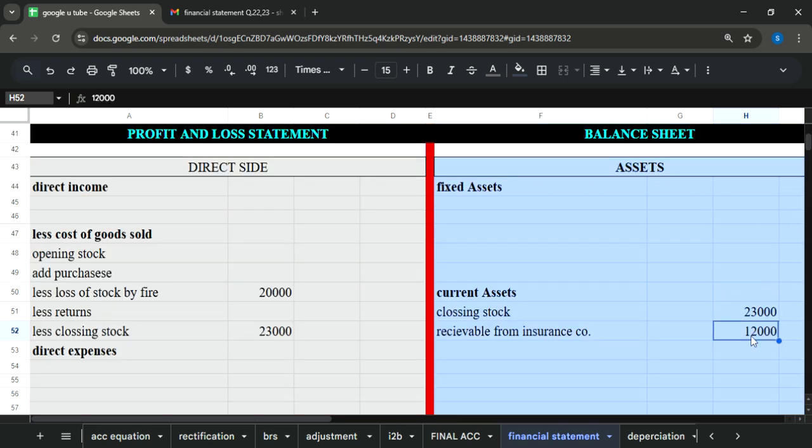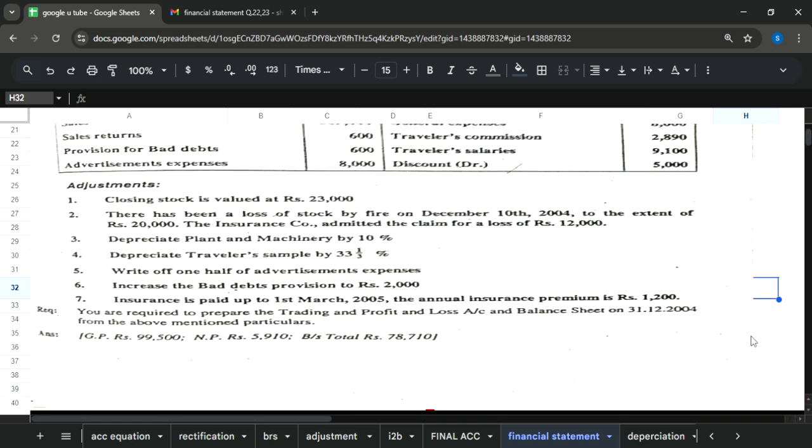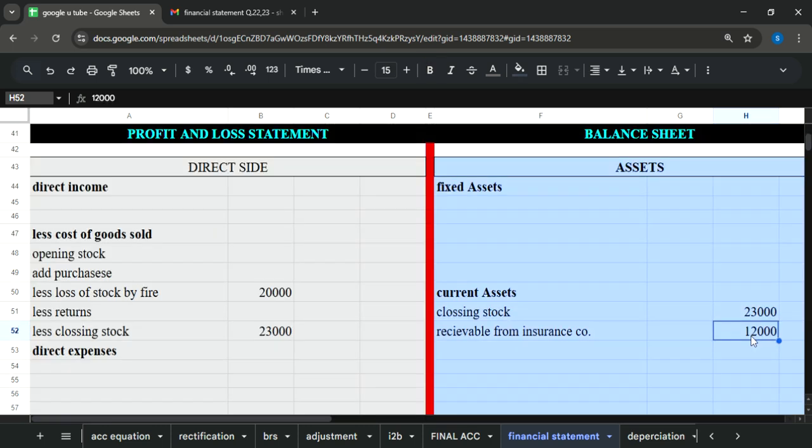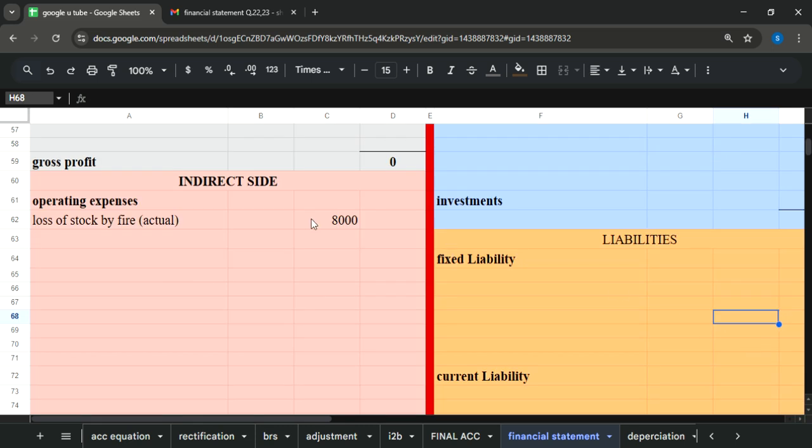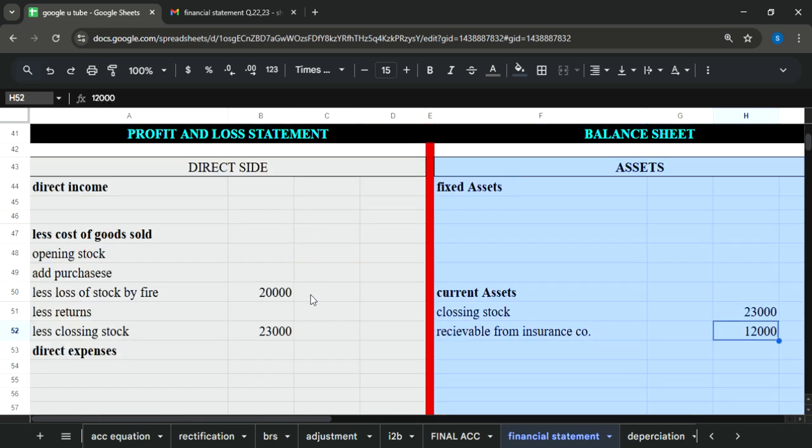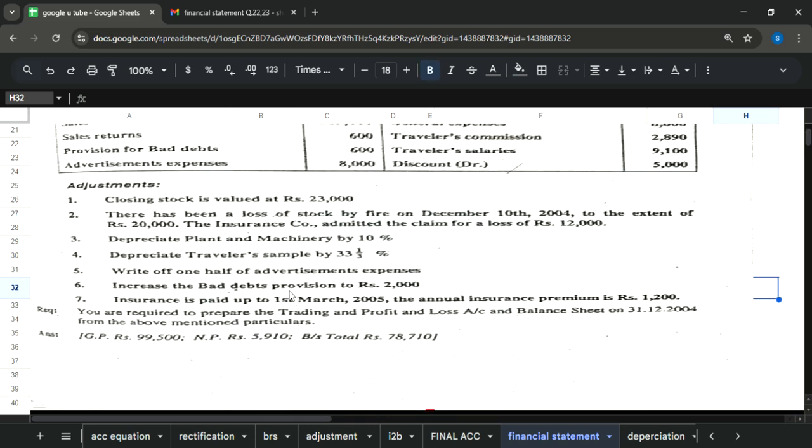The insurance company promised to pay, it means it is receivable, 12,000. Two adjustments are completed and we have completed their dual effects as well. Someone will ask, these are three effects. Look, first, second and third. But actually these are only two effects. 12,000 written over here, 8,000 written over here, it means 20,000 first effect and this is 20,000 second effect. So only two effects we have made. Two adjustments are completed.